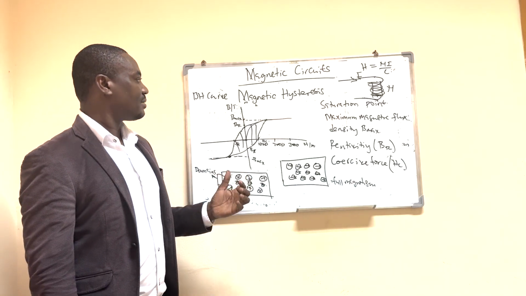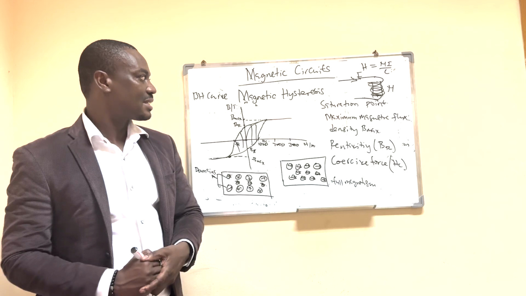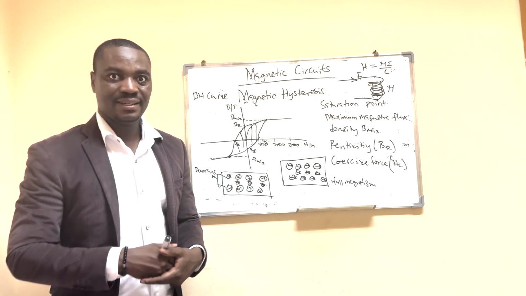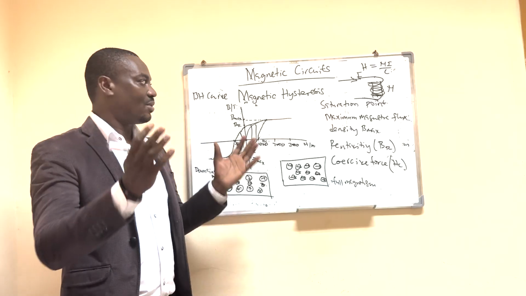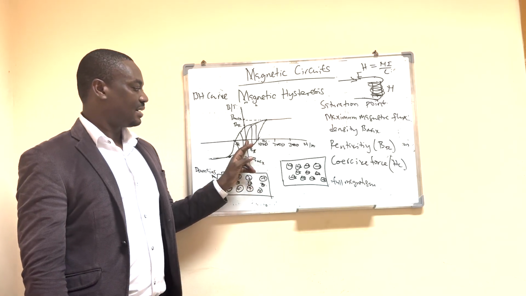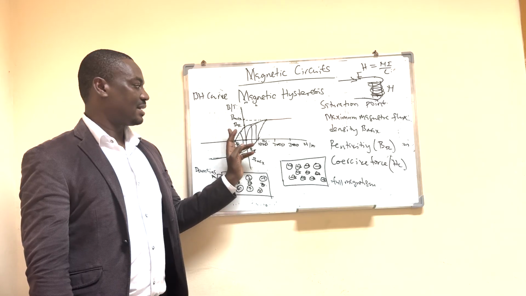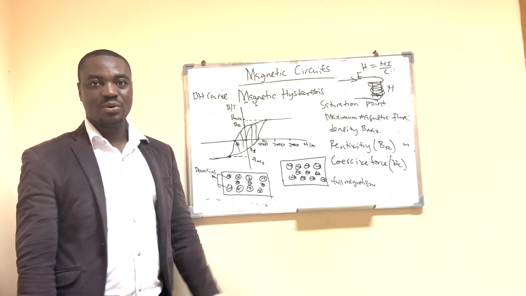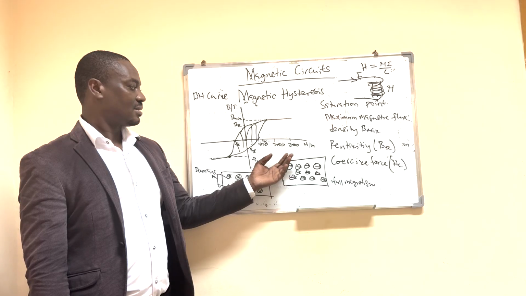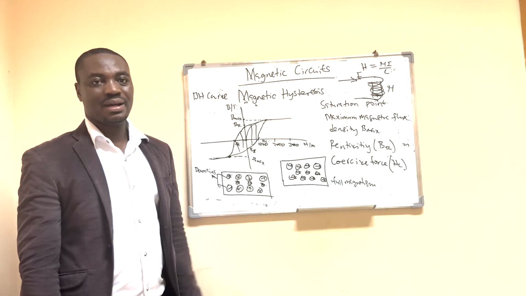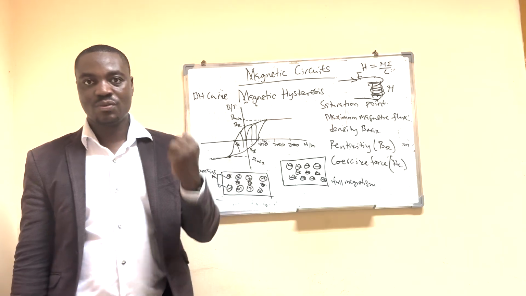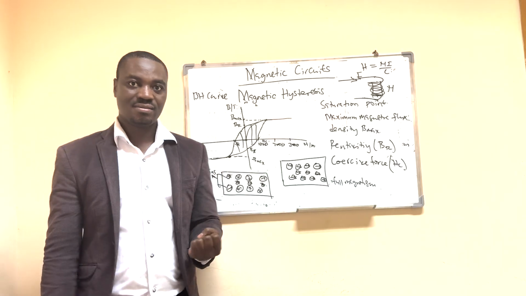Now that we have an understanding of hysteresis, when we talk about hysteresis, in general, we are just talking about the lagging effect of the magnetic flux density whenever there's variation in the magnetic field strength, right? With that lagging effect, it's what we refer to as hysteresis, right?